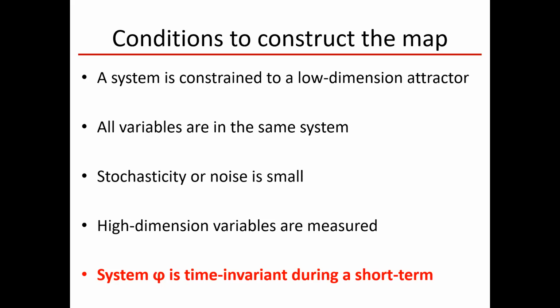Generic means there is no symmetry in the system, which means the whole information can eventually be reflected in this one variable over time. If this variable is independent from all the other variables, certainly you cannot use it to reconstruct. In that case it's not generic, which means the system has symmetry.